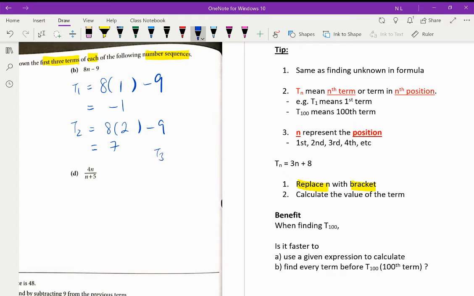And the third term, I replace my n with a bracket. The number I put inside will be 3. So 8 times 3, 24, minus 9 will be 15.